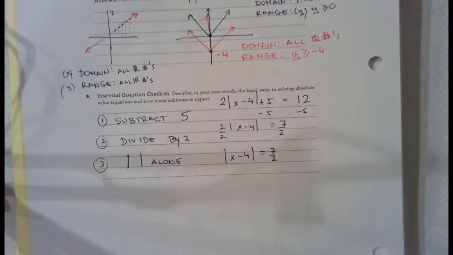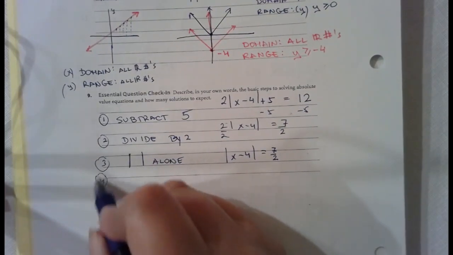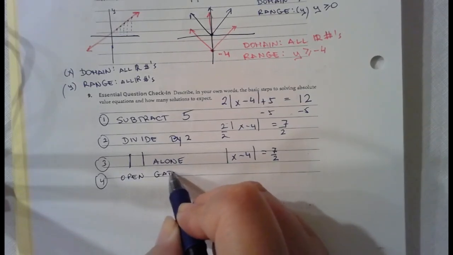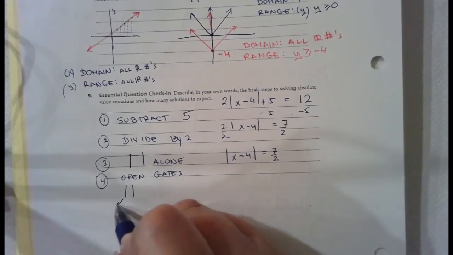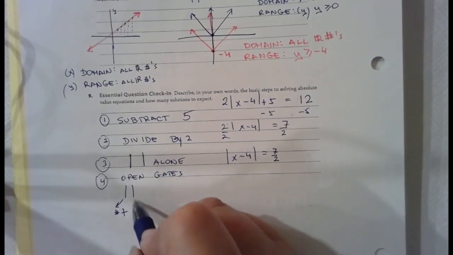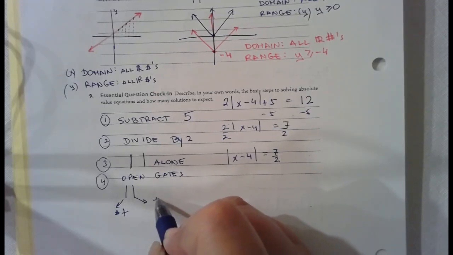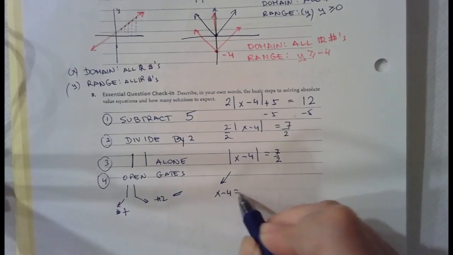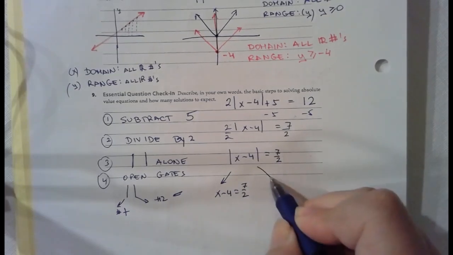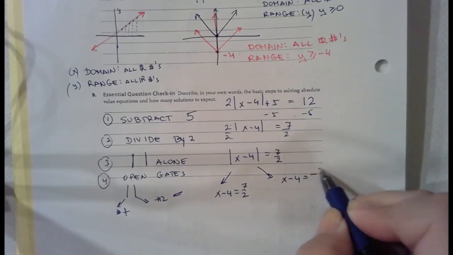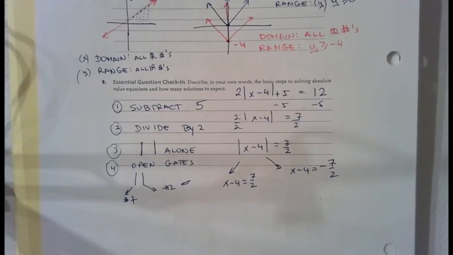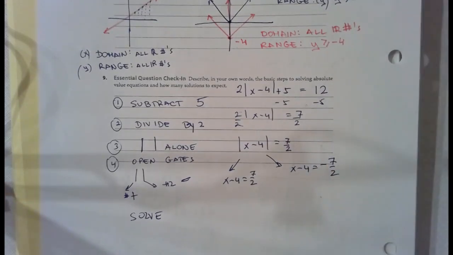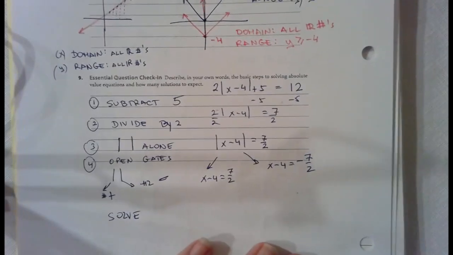Get absolute value alone, and then the next thing is you can open gates, and first one has to be positive, and second one has to be negative. So you're going to have x - 4 = 7/2, and x - 4 = -7/2, and solve. So these would be the steps for you to solve the absolute value.